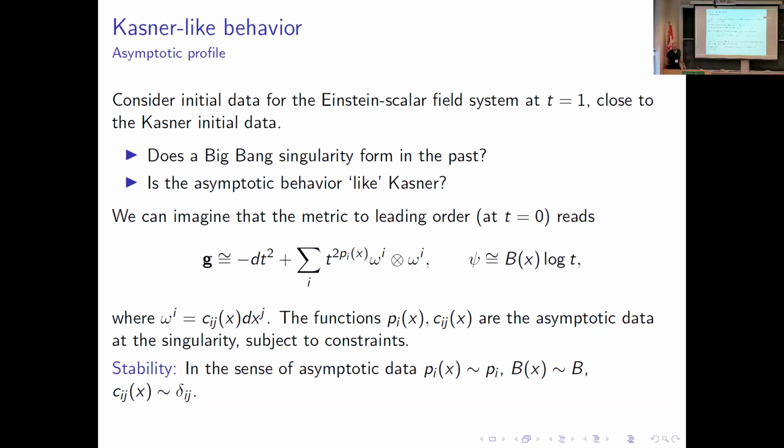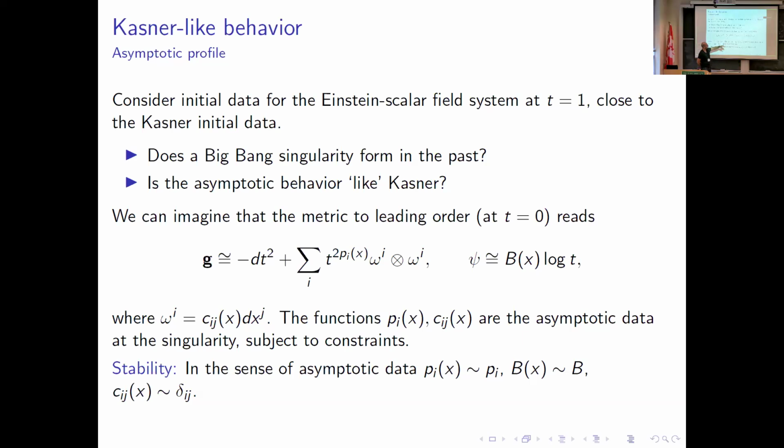And we already know, we heard in the previous talks, what is the story. So the main type of behavior that we want to obtain in the problem that I will discuss is what I call here Kastner-like. Before it was called AVTD, or other words for the same thing. So you should think of having a singularity that's synchronized, let's say at the level set of t equals 0, and the metric to leading order looks like this. It's sort of like Kastner, but it varies in x, so it's inhomogeneous.